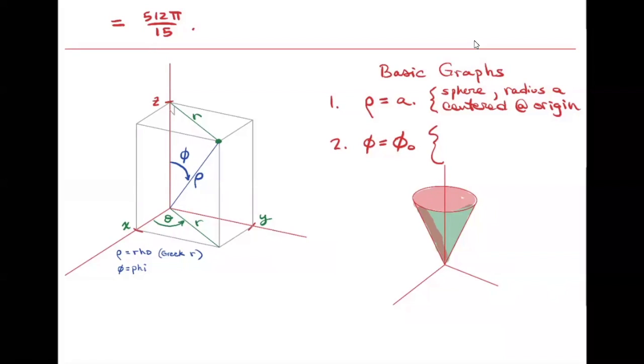Maybe it's hard to see where the angle comes into play.